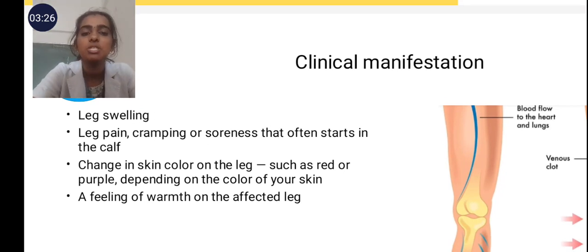The clinical manifestations are swelling of the lower limb, leg pain, cramping or soreness that often starts in the calf muscles, and changes in skin color on the leg, such as red or purple, depending on the color of the skin. There is a feeling of warmth: if you palpate the affected limb, we can feel the warmth.